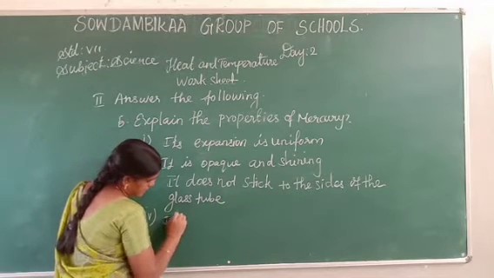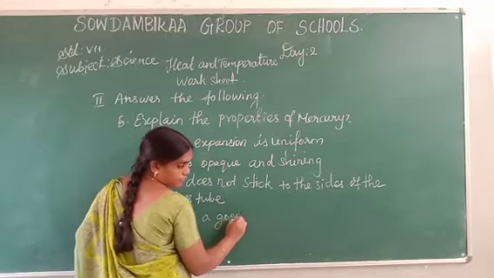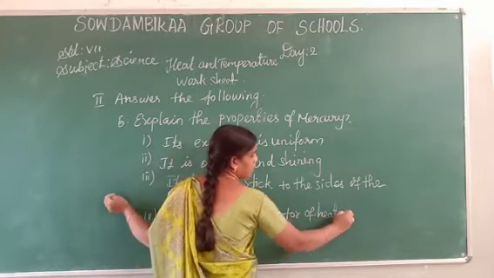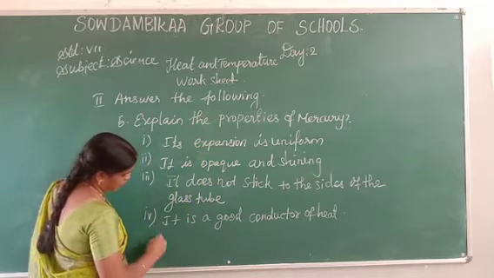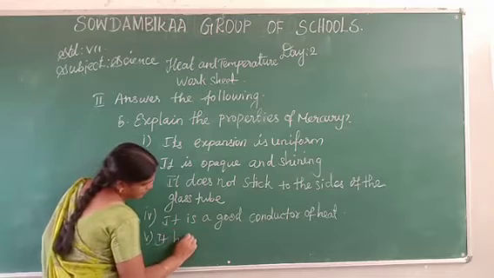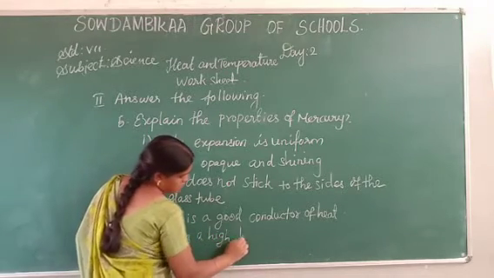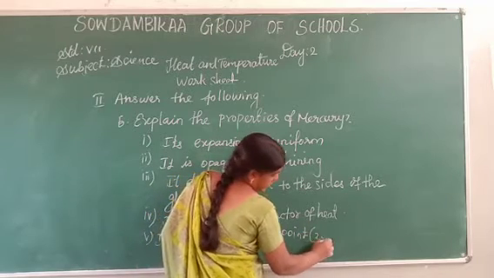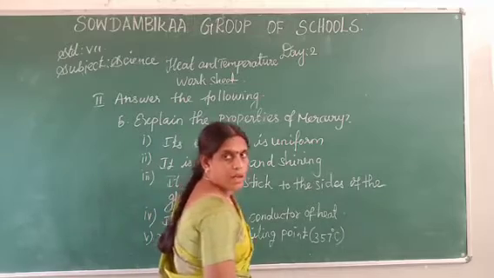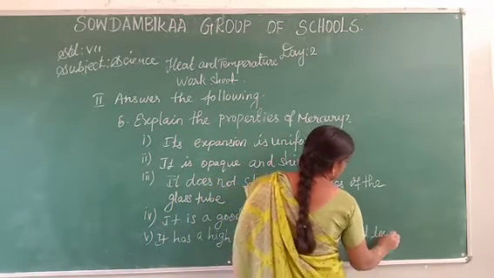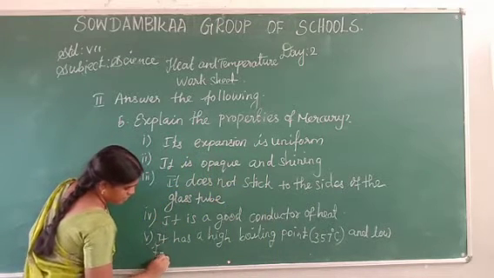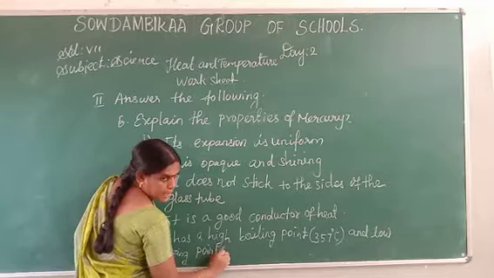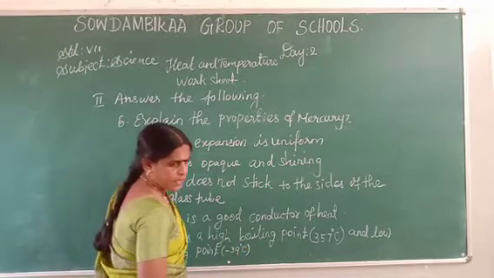Okay, the fourth point: it is a good conductor of heat. Next, the fifth point is it has a high boiling point, 357 degrees Celsius, and a low freezing point, minus 39 degrees Celsius.